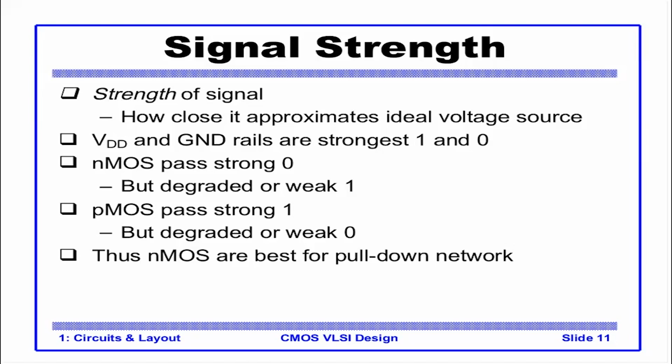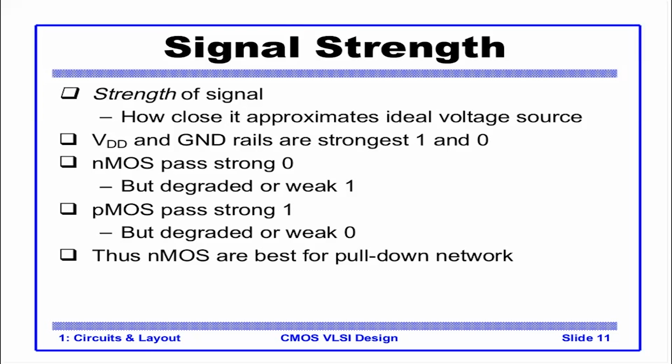When we say how strong is the signal, we mean to check how strongly it approximates the ideal voltage source. The ideal voltage source in this case being the VDD and GND rails. VDD and GND rails are the sources of the strongest 1 and 0.